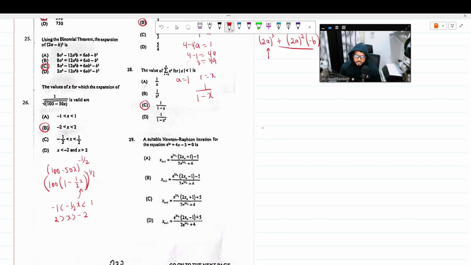Alright, so we're going to get x plus the function e to the 2x plus 4x minus 5 divided by the derivative of the function, which is 2e to the 2x plus 4.